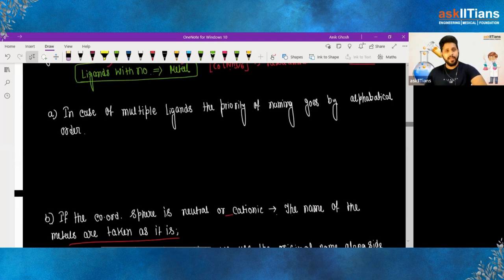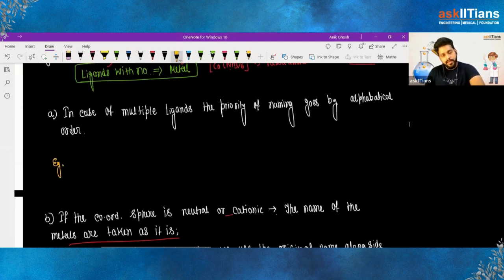In case of multiple ligands, how do we go for these examples? Let's say I have a question which goes like this: Co(NH3)2 Cl2 Br, okay, let's say there is a question for a compound like that.